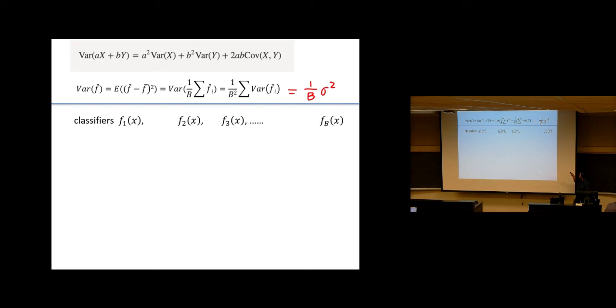You have a total of B such base classifiers. This gives you B sigma squared, and then the final outcome is 1 over B sigma squared. Question about this? It's actually very easy to prove, just from the basic sum of variance equations.